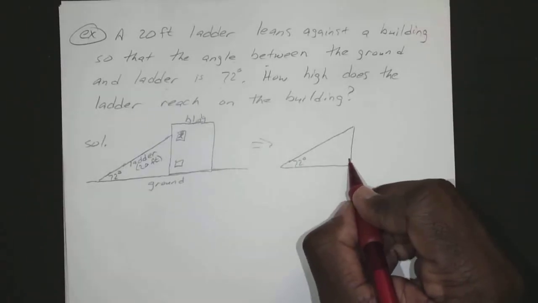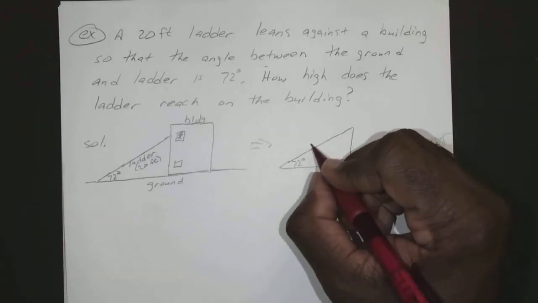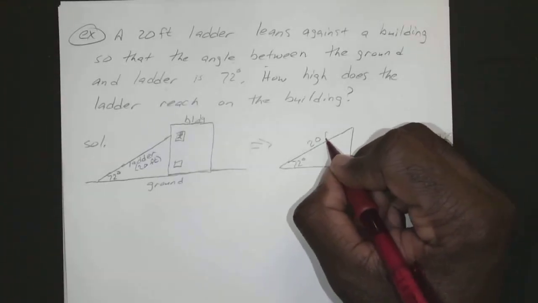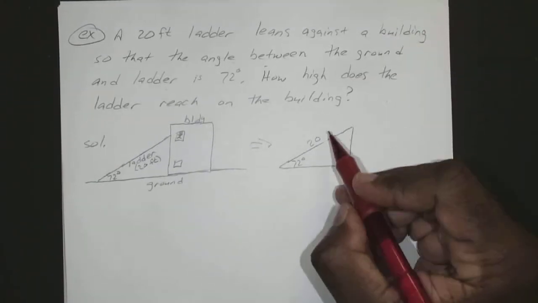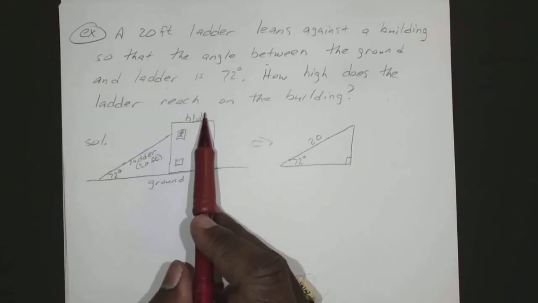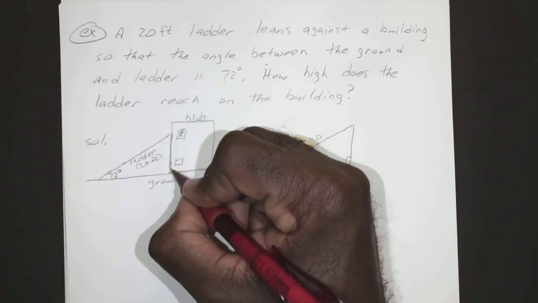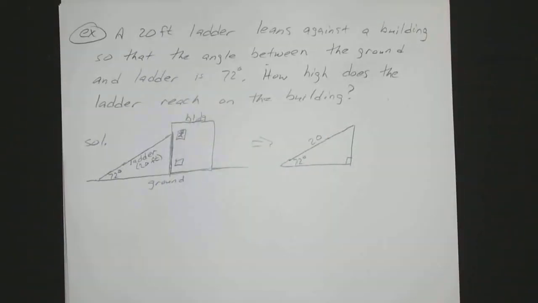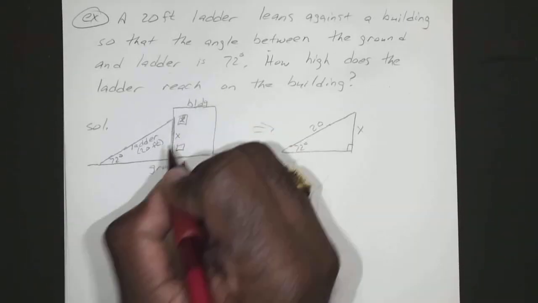We already know it's a right angle unless it's a leaning building. And we know our hypotenuse is 20. We don't need the feet, just 20 is enough. How high does the ladder reach up the building? They just want to know that value, which we'll call x.